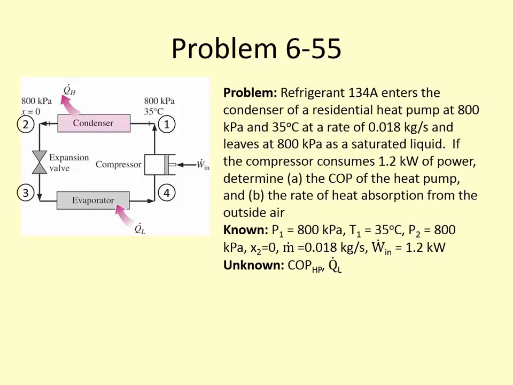Okay, it's a heat pump, so we need to recognize that and understand it right away, that our desired outcome is what? For a heat pump, what's the desired outcome? QH, right? We're making a warm space warmer for a heat pump. Okay?